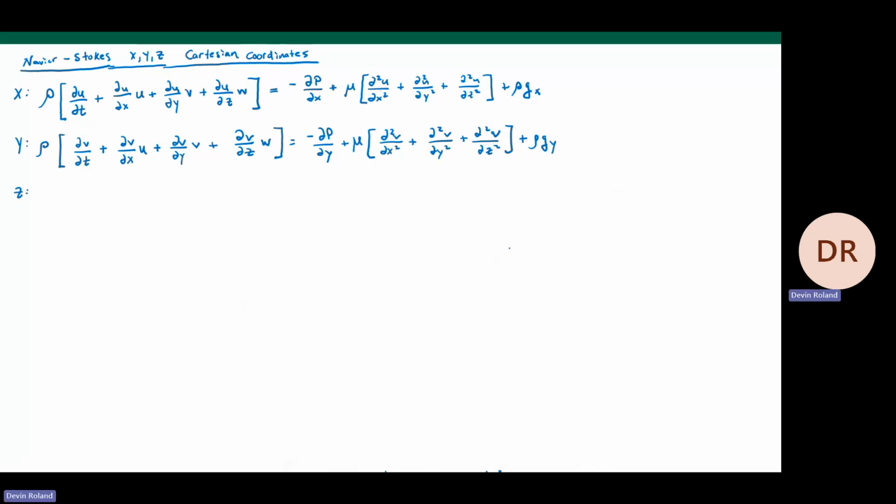Okay, and then z component. Same thing, now we use w instead of v, based on the explanation I gave before. So I'll just write this out. dw dz w.